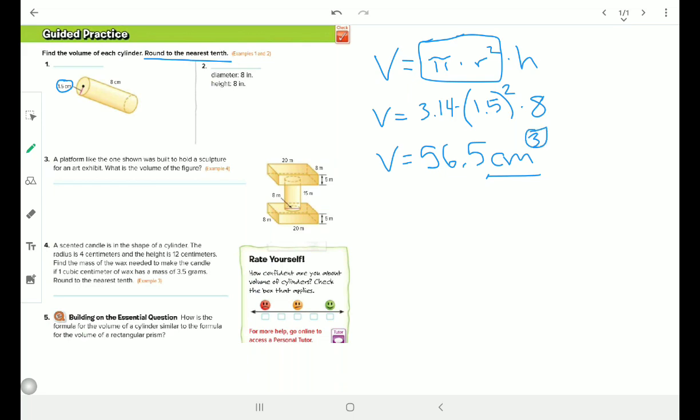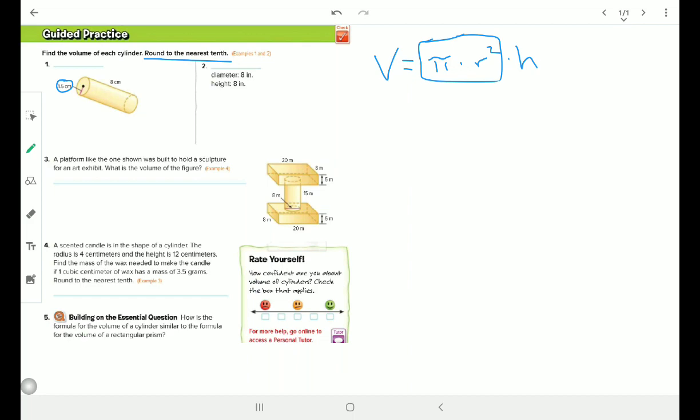All right, you're given the shape, you have the radius, you have the height, you just have to plug in to find the volume. Okay, number 2, same thing, but now I don't have the shape. They just give me what I know. I know that the diameter of the circle is 8 inches, and the height is 8 inches. Now wait a second, diameter is different than radius.